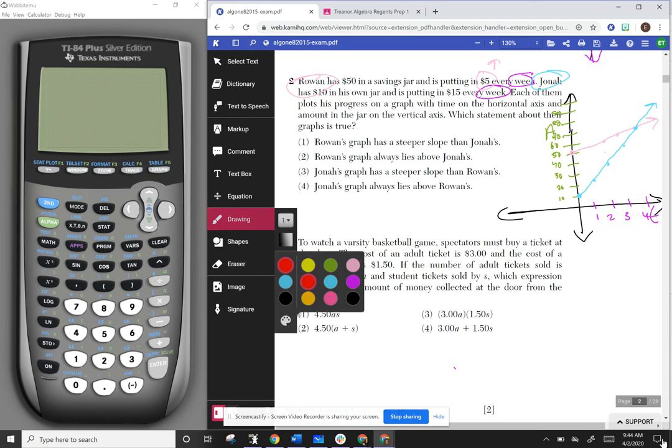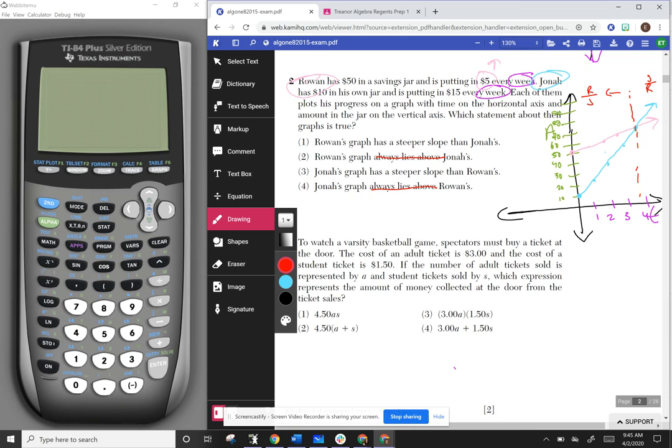So we can eliminate the ones that say always lies above, because one does not always lie above the other. So if I split this graph at this point of intersection, to the left, it's Rowan above Jonah, and to the right, it's Jonah above Rowan.